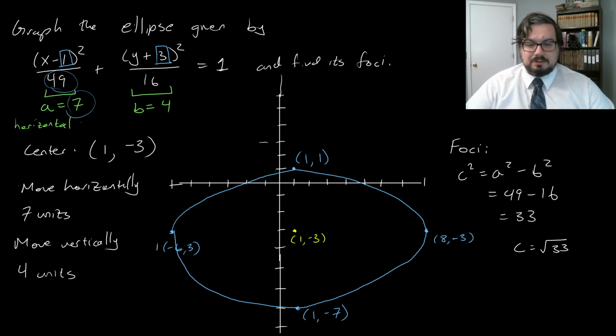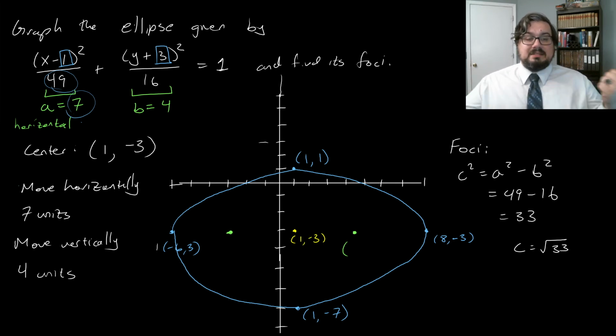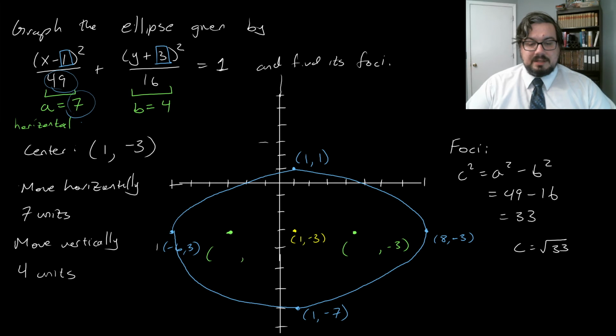So that means that our two foci are going to be, not sure exactly where they are. We can put this into a calculator to get an approximation if we really needed to. But we do know that they're going to be going left and right because we have a horizontally oriented ellipse. And so the y coordinates of each of these are going to be -3, the same as the center.